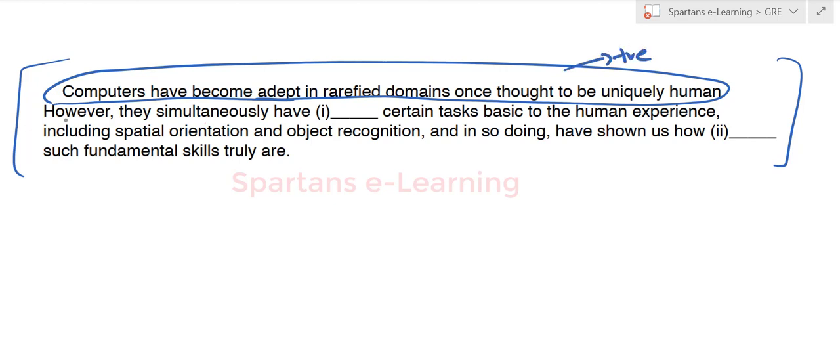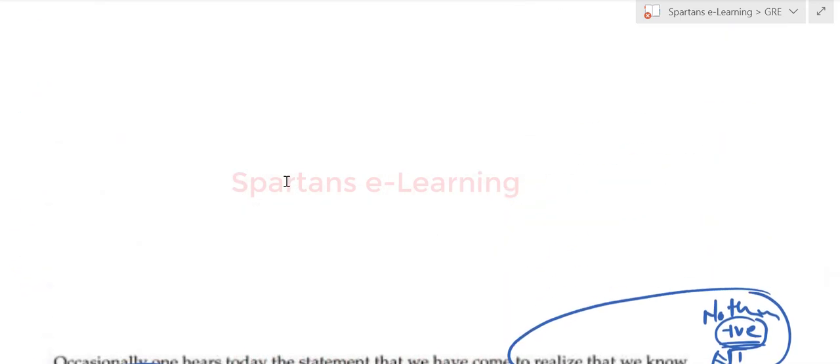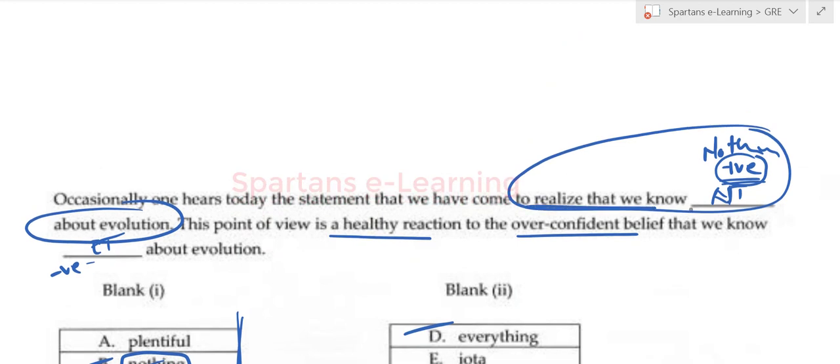Done. Now if you see here, however, this is an opposing connector. So the clause which comes after this should negate the positive one. That means it must be negative, right? The clause following this must give you a negative thing. Similarly, if you see the above question, we are talking about the complete clause.